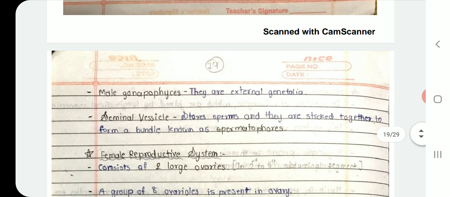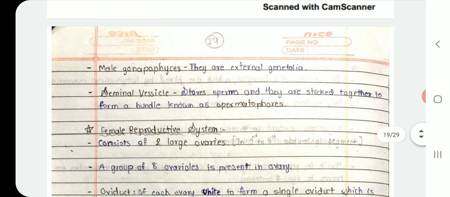There is also the male gonapophysis. Male gonapophysis means the external genitalia, right? That means the external organs which are present in the males for ejecting out the sperms. Next is the seminal vesicle, and the function of the seminal vesicle is to store the sperms, and they stick together to form a bundle which is known as spermatophores.